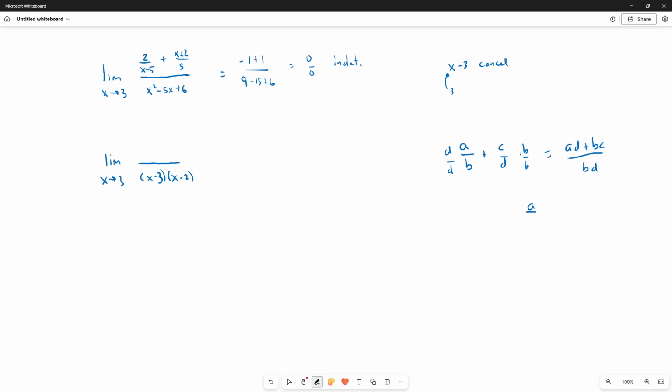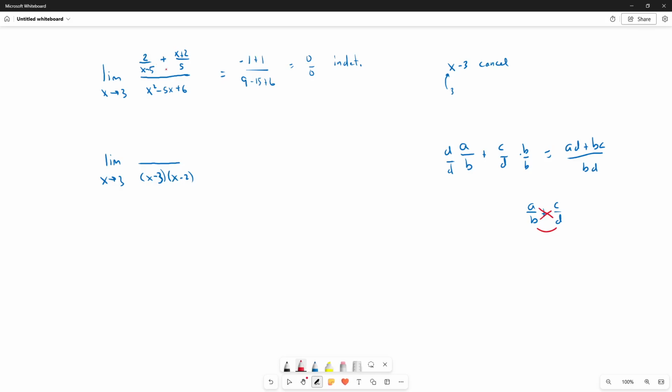And if you need a helping hand on that, notice the result. AD plus BC comes from multiplying here and adding them together, and BD is multiplying there. So you have a cross multiplication in the numerator and an ordinary multiplication here in the denominator.